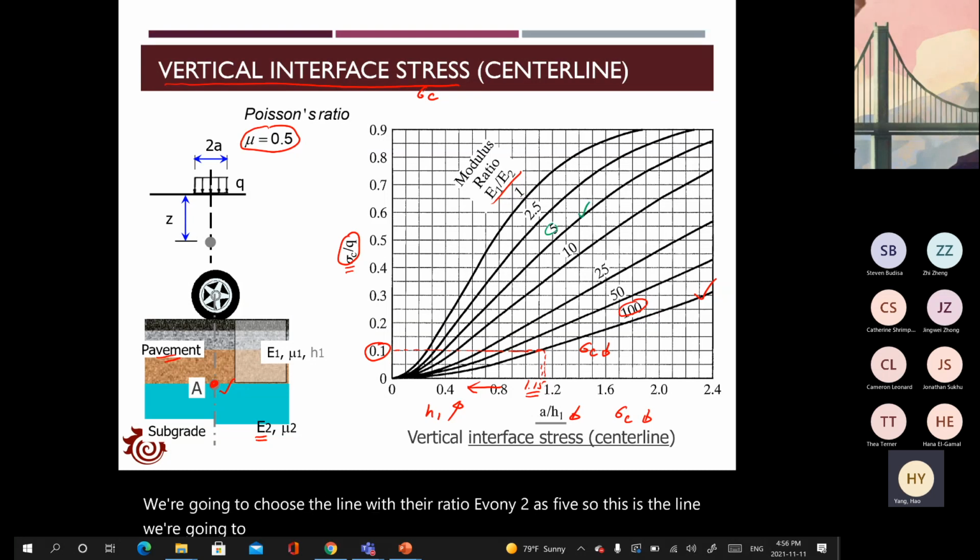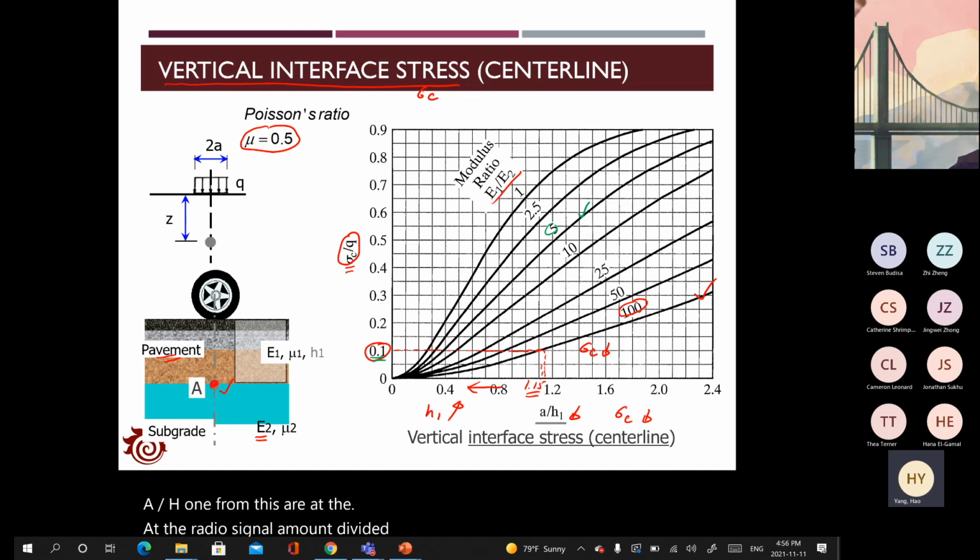And then we will have the value of A divided by H1 from this, at the ratio of sigma c divided by q as 0.1.